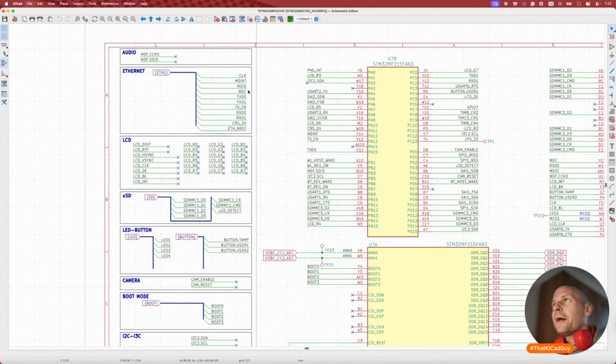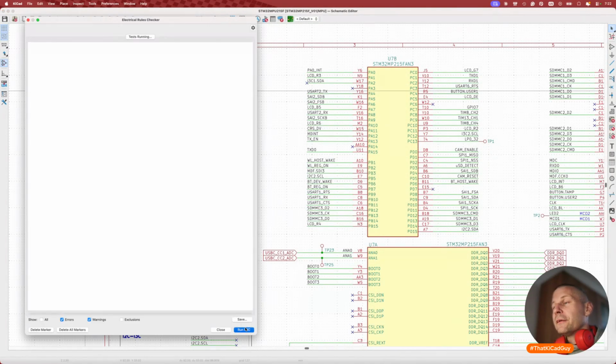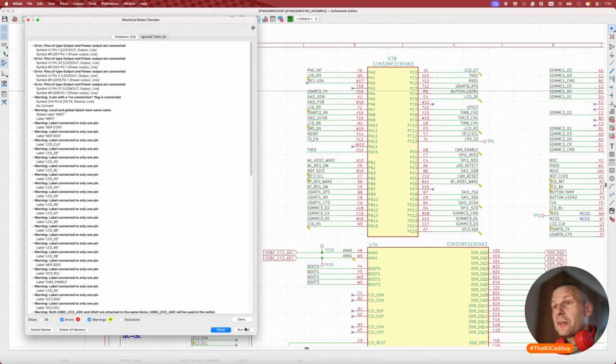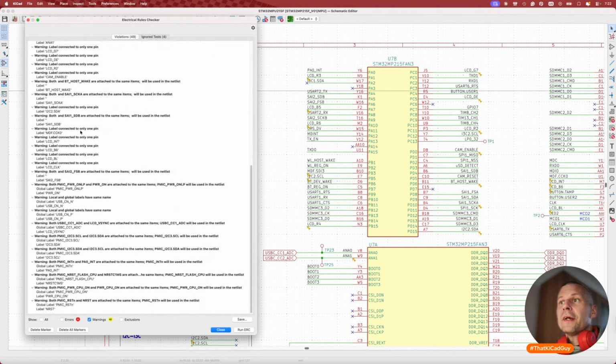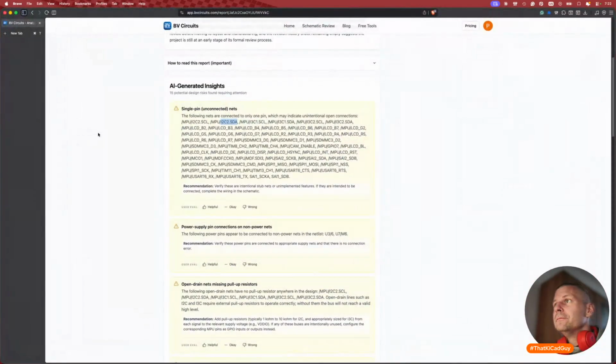So I can combine the BV circuit results with the DRC. And yes, it seems that they use something like DRC.